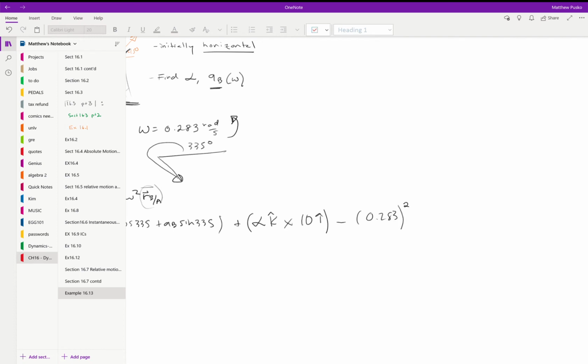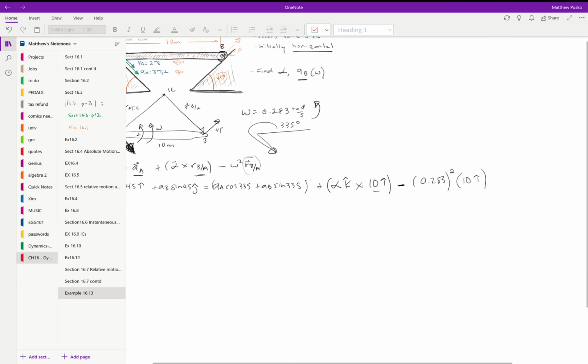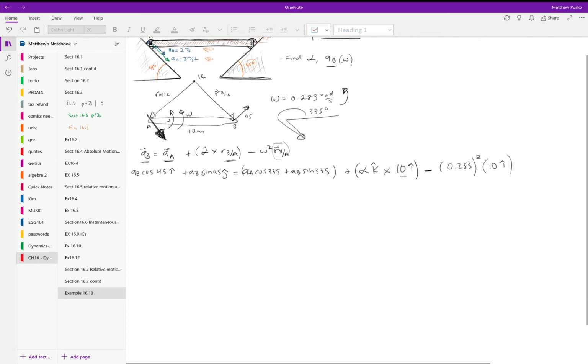Just don't forget to square it, and it's going to be the same vector, 10 in the I direction. We just hold on to the minus sign from it. Now carry out all the cross products, the one cross product, and then equate the I's, J's, and K's.